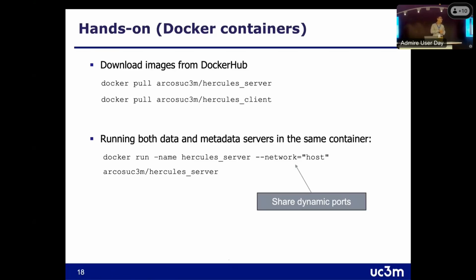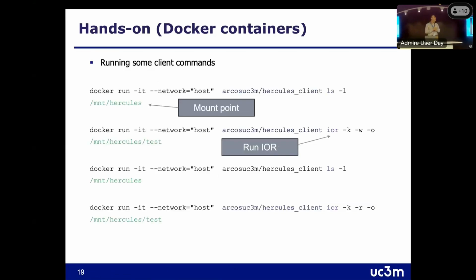In this case, we are starting the server with an internal network and with this image, and then you can test it using the Docker commands. For example, in the client, the first thing you have to do is mount the system. Then you can execute one test. Okay, everything is included in the image.